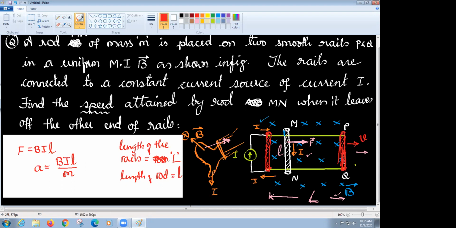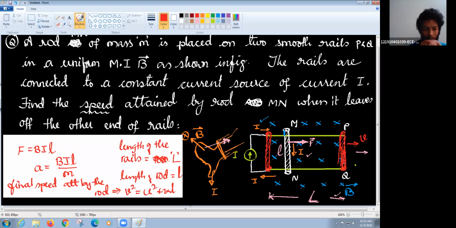Now, when the rod reaches from one point to the other, the final speed attained by the rod, let me not give any direction to this. Now V square is equal to U square plus 2AL, that is, V square minus U square is equal to 2S.